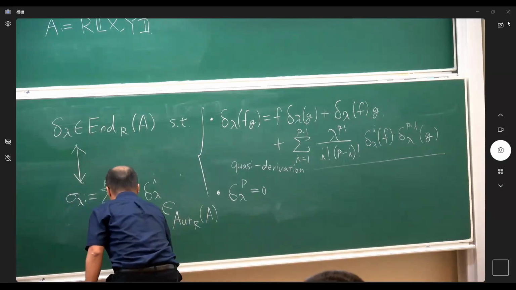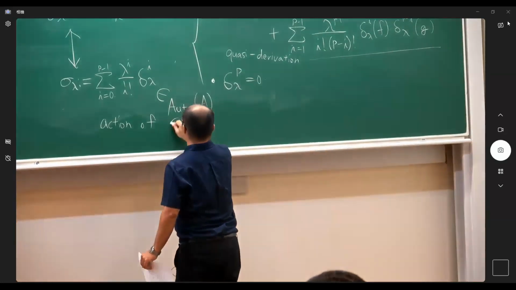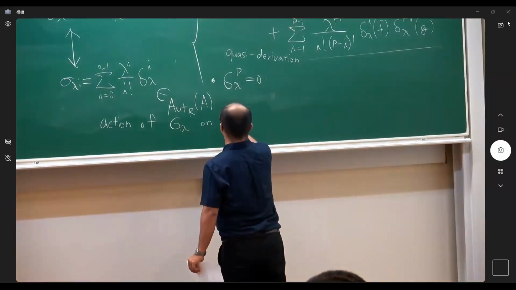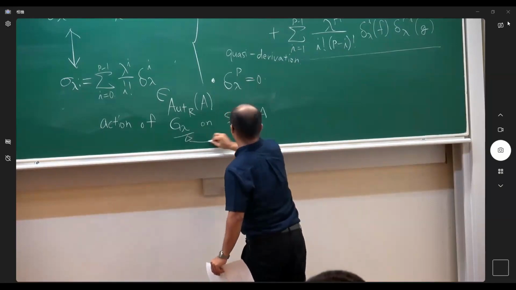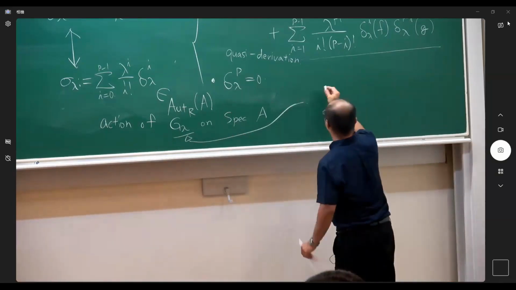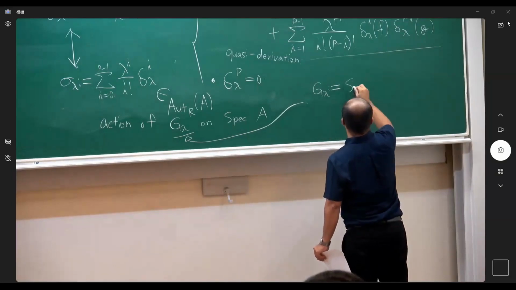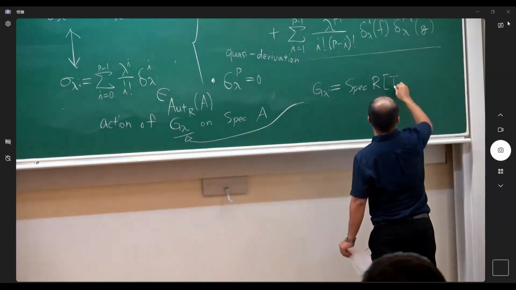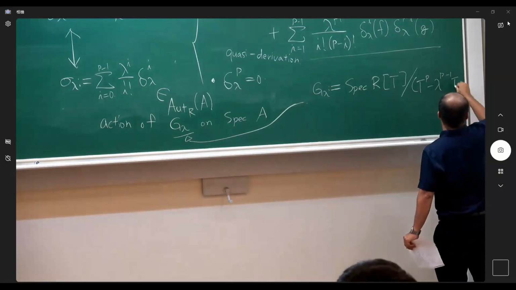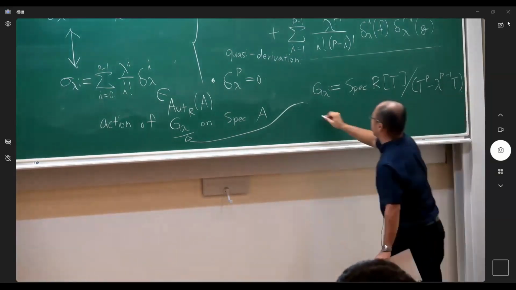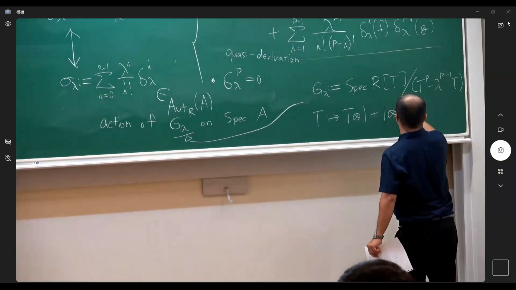This action will act on Spec A, the spectrum of A. Here the group scheme G_lambda is given by divided by T^p minus 1, and the multiplication is given just the same as alpha p.